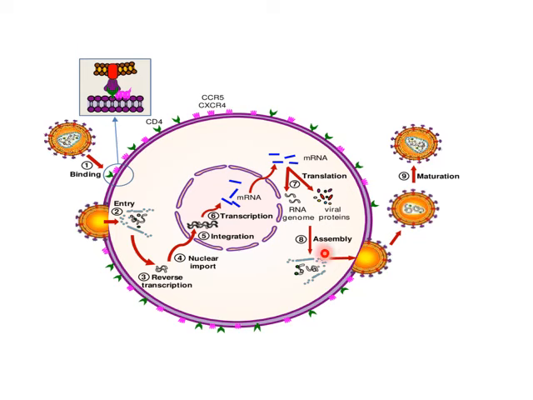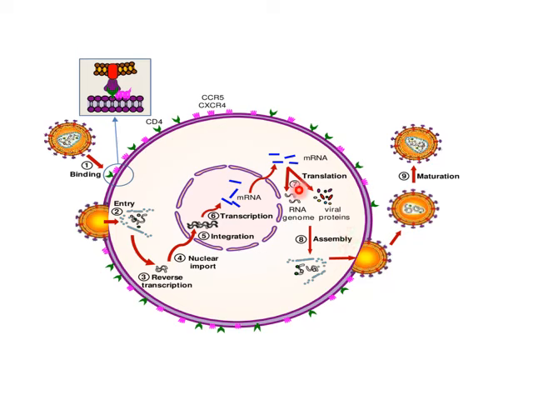So once these viral proteins have been made, what is going to happen now is that the newly synthesized viral RNA, the enzymes and the structural proteins are going to move to the surface and assemble into a new viral particle.